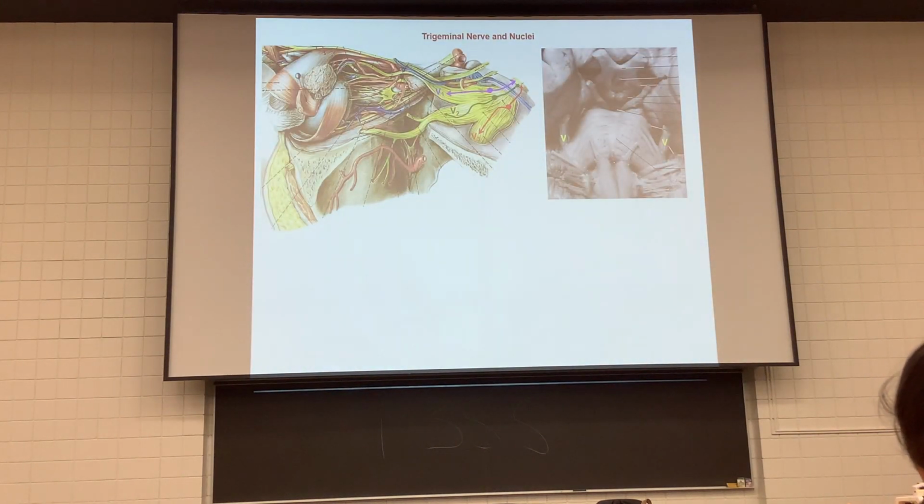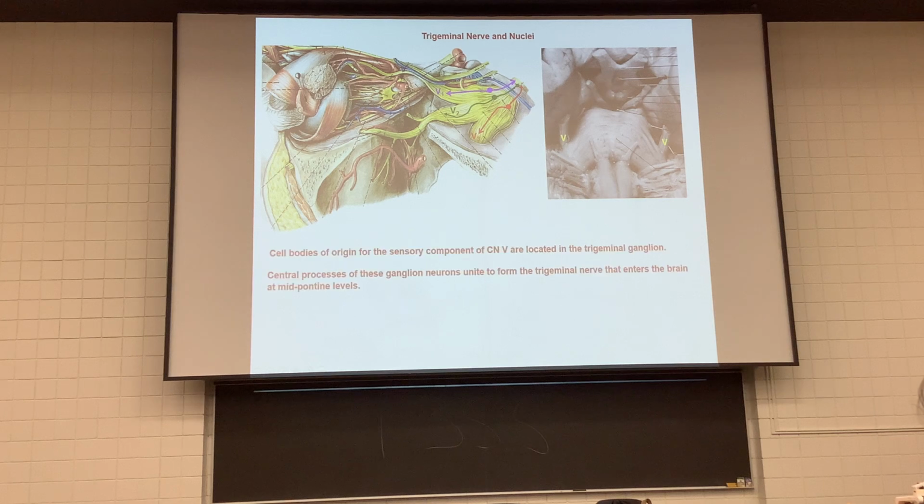Primarily, this trigeminal nerve is sensory. Okay? So here's our ganglion. We have the 3 branches, V1, V2, V3. The peripheral process is picking up sensations, touch, pain, temperature, pressure from their respective area of the face.